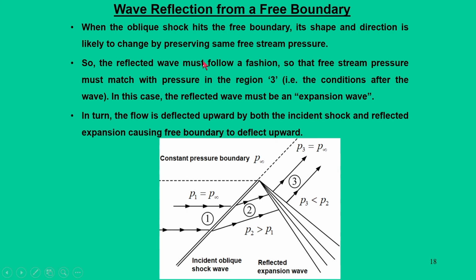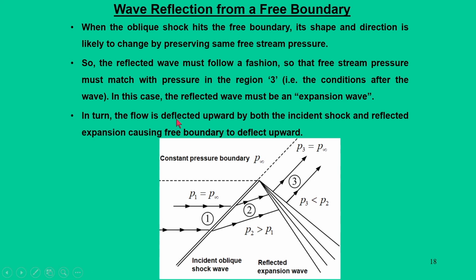The reflected wave must follow a fashion so that the free stream pressure matches the pressure in region 3, that is, the conditions after the wave. In this case, the reflected wave at this impinging point must be an expansion wave.